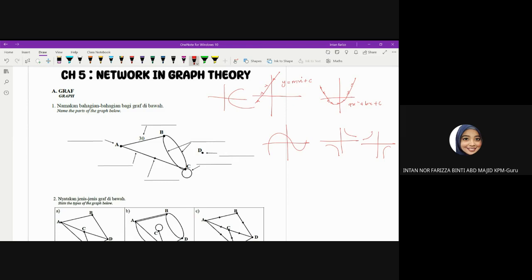But we also have graphs in networks. For example, let's take Jalan Yahya Awal. This is the example that I use in class, because most of you are familiar with the buildings and landmarks along Jalan Yahya Awal. So this is SJK Convent, Sekolah Kebangsaan Infant Jesus Convent, SKIJC, a primary school.